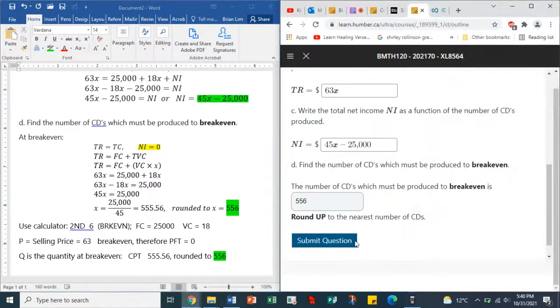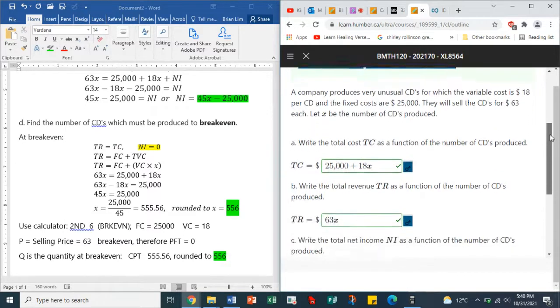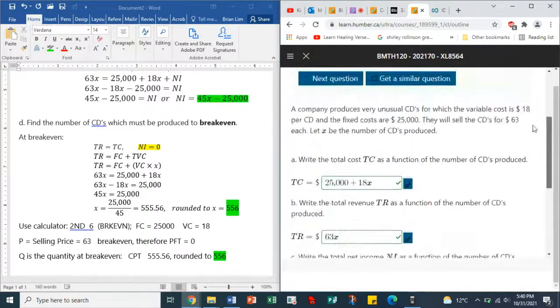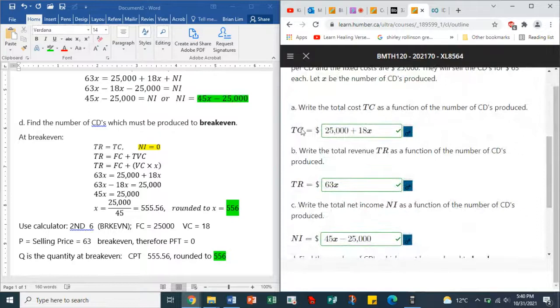Now let's submit our question and see what happens. It looks like we got all of it correct. So that is how we do this question. You saw the total cost function, and you know how to get that now. The total revenue function, that's it right there. And then net income, you're just writing an expression for the net income.